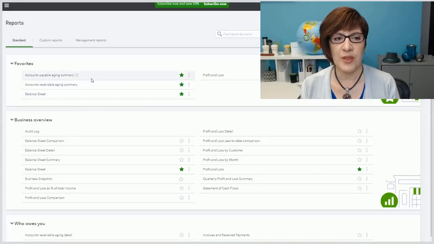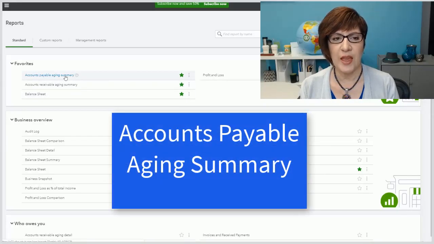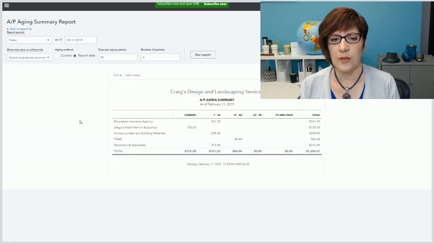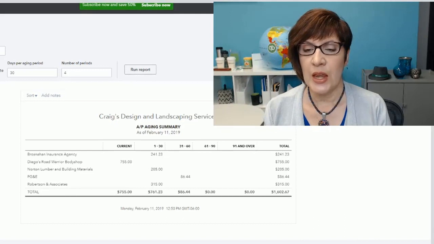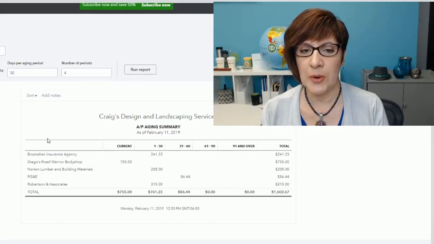And the final report that I like to look at is the accounts payable aging summary. If you enter vendor bills into QuickBooks Online, then you will see those vendor bills in the accounts payable aging summary.